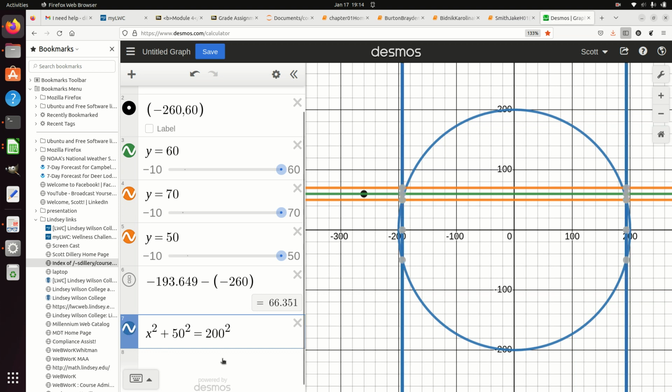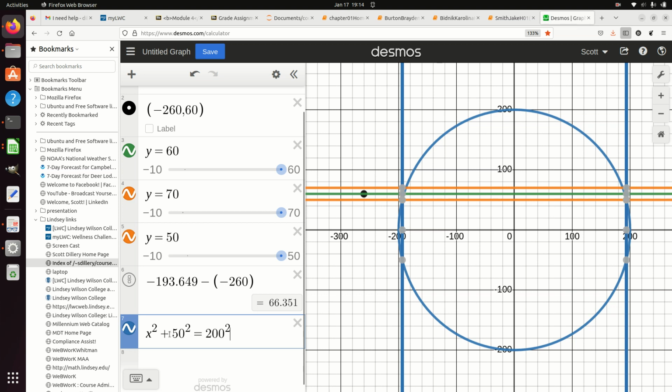They want you to solve that. Notice this actually does give an answer, gives two answers, this side and that side, as it should. And there's the point I'm interested in. And notice it's the minus 193.649. So they want you to solve that.